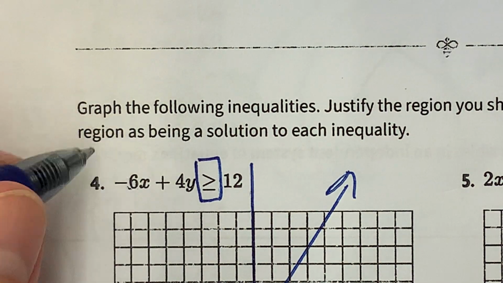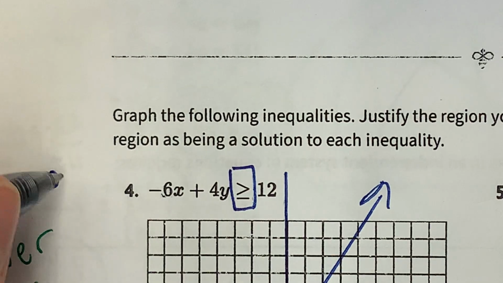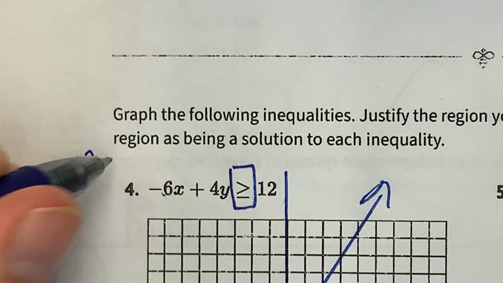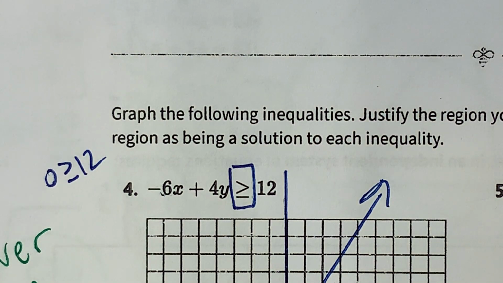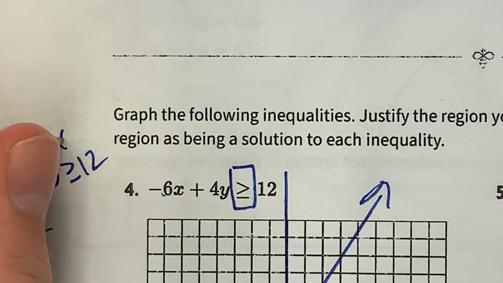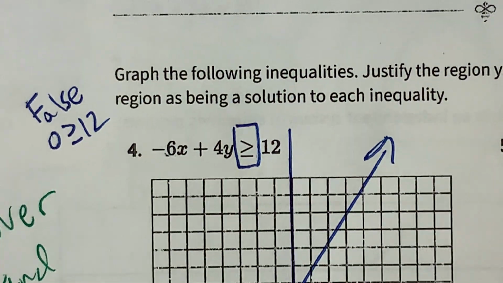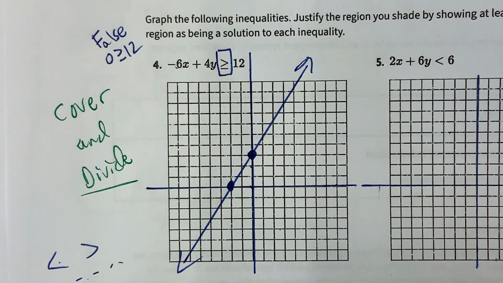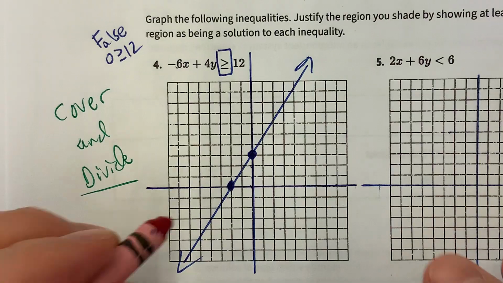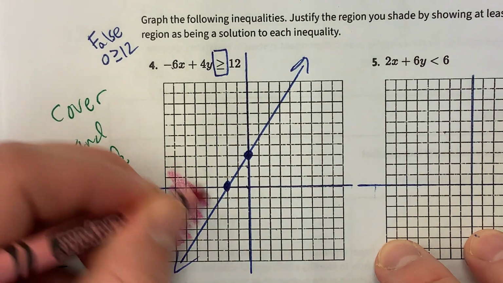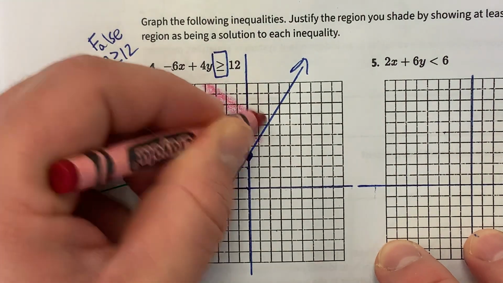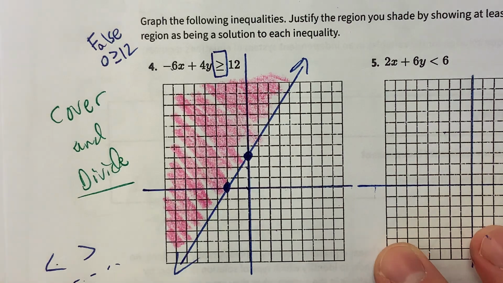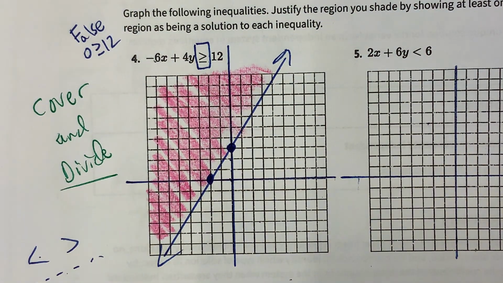So it's just 0 is greater than or equal to 12. Is 0 bigger than 12? No. False. And when it's false, where do I shade? False shades away from the origin. So we're just going to shade over here. And if you're somebody who tried this before you saw it, hopefully you can check your work and see that you got it right. Okay.